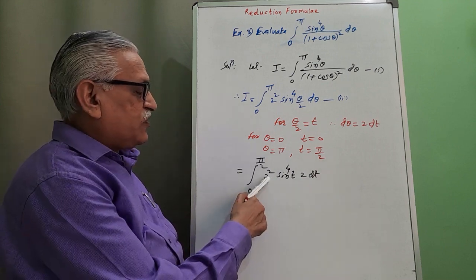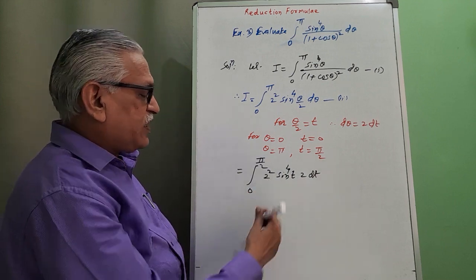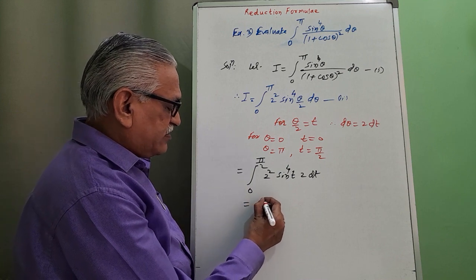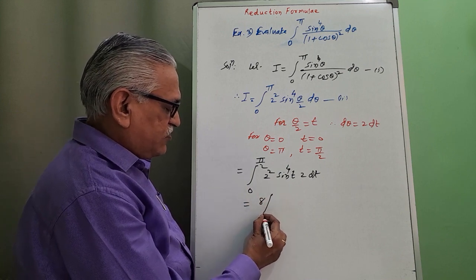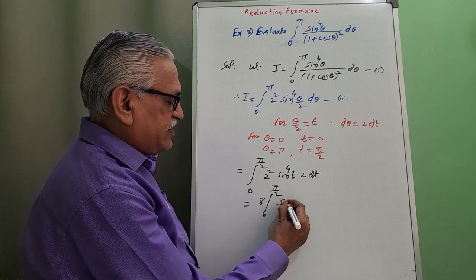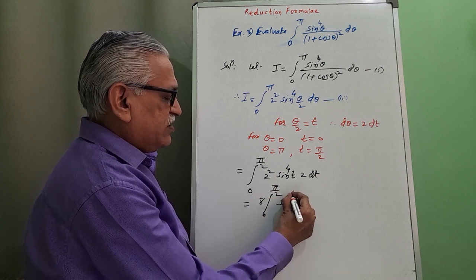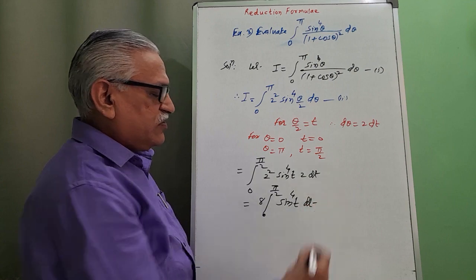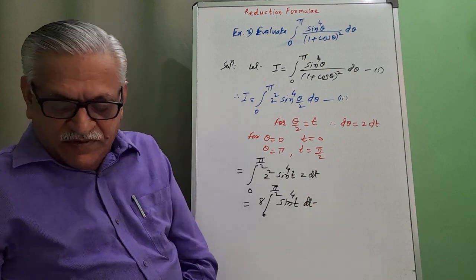Therefore, this is 2 square means 4, 4 times 2 is 8, we take outside the integral sign, integration from 0 to pi by 2, sin t raised to 4 and its integration with respect to t.